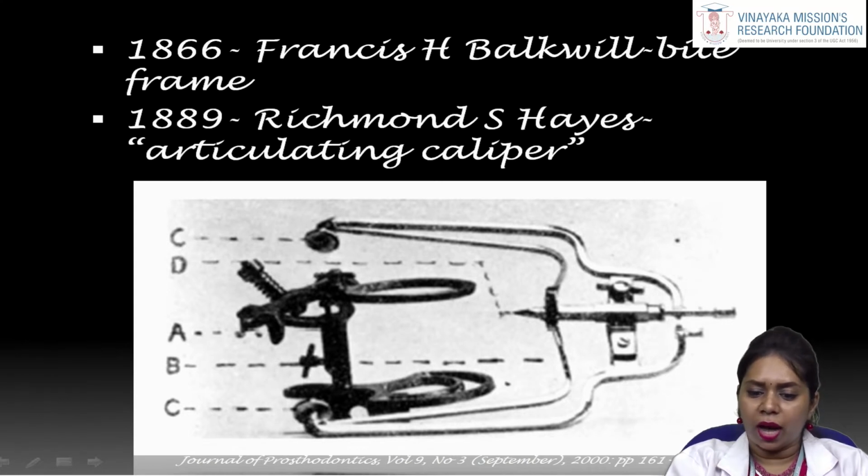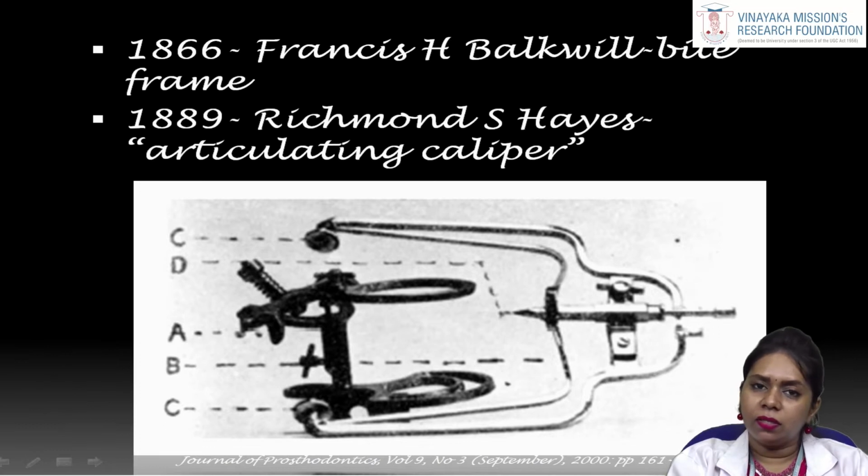Then in 1889, Richmond S. Hayes patented the first articulator with descending condylar pathways. In the same year, Hayes also introduced the first example of a functional facebow-like device intended for locating the position of the cast correctly on his articulator.